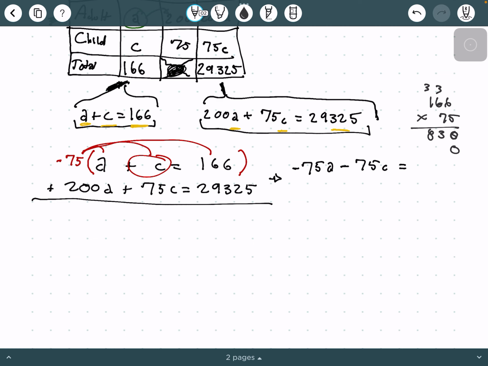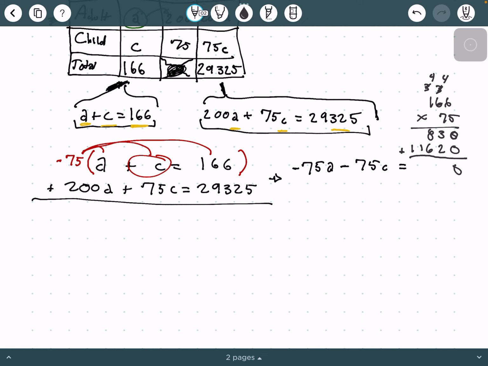7 times 6 is going to be 42. So we have 4 here, 2 there. 6 times 7, again 42, plus 4 is 46. And then 7 times 1 is 7, plus 4, we end up getting 11. So then what we have is 0 plus 0, that's 0.